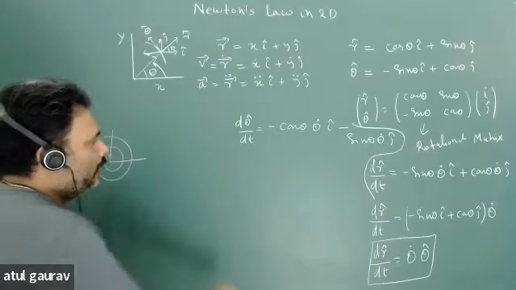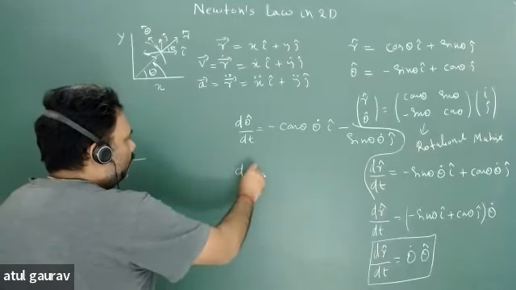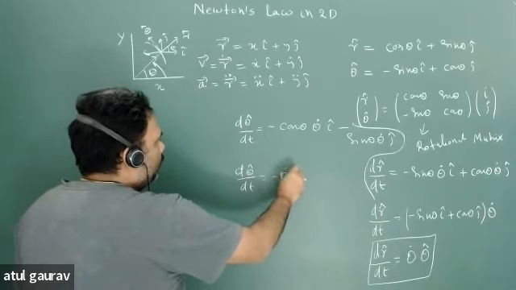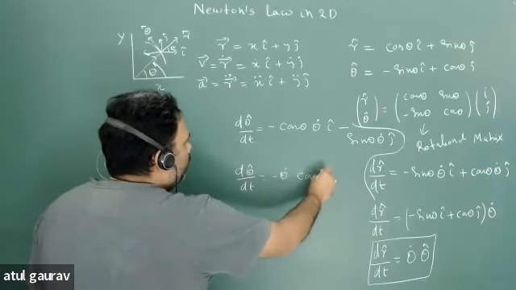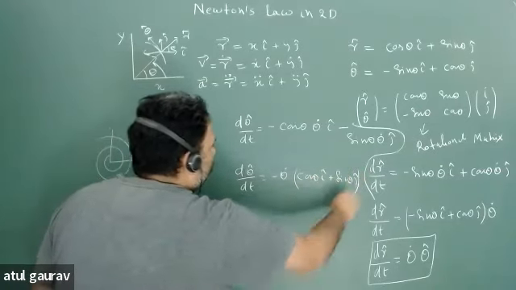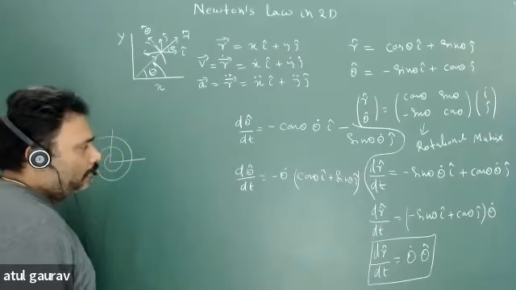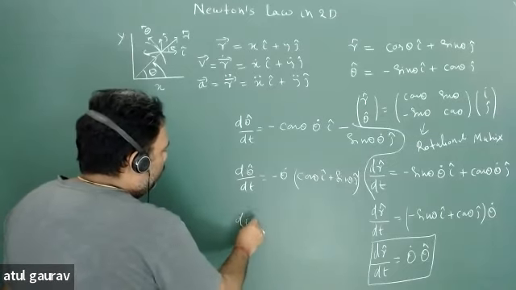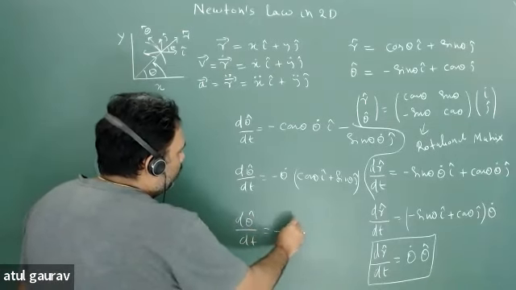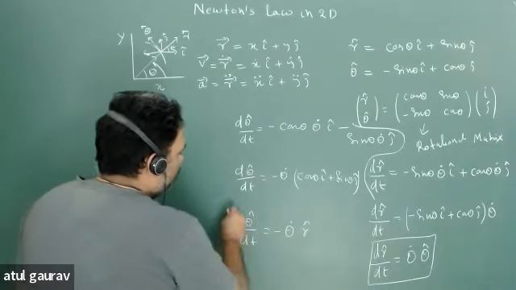And again you can see d theta cap upon dt is equal to minus theta dot, and you have cos theta i cap plus sin theta j cap, isn't it? And d theta cap upon dt is nothing but minus theta dot r cap.